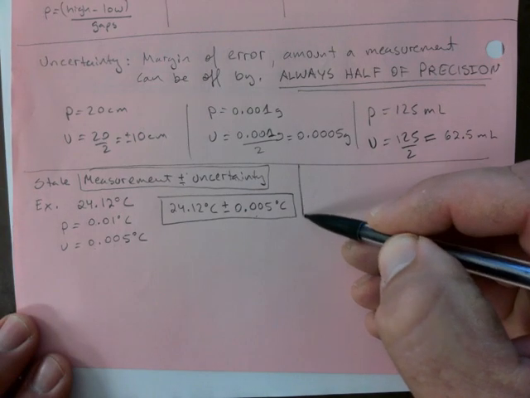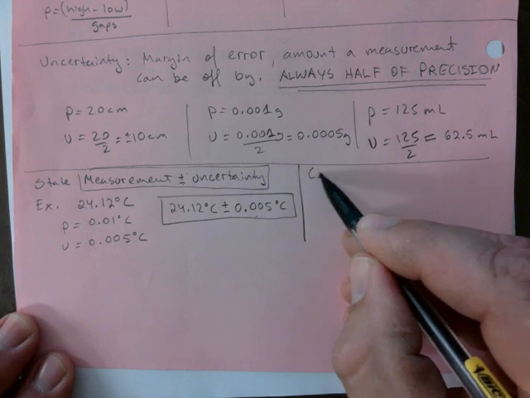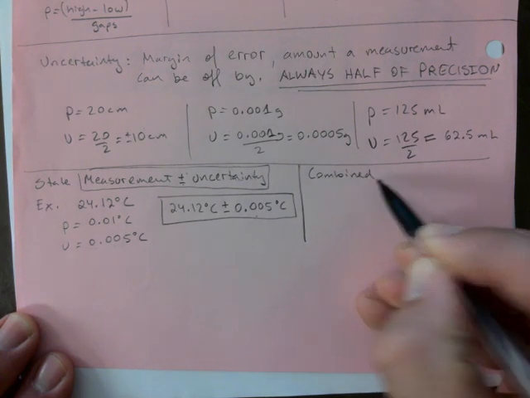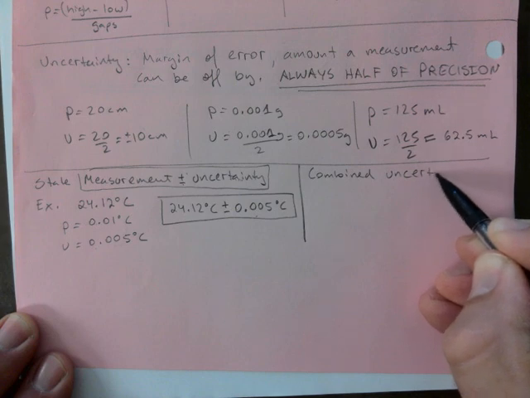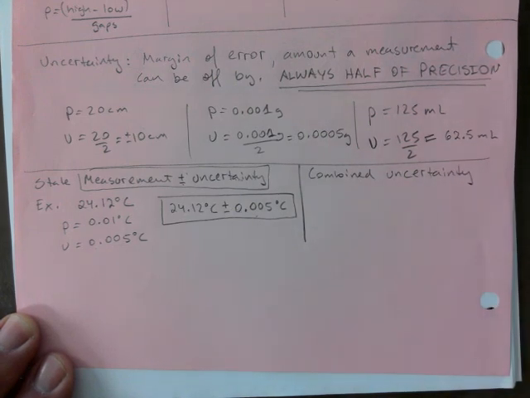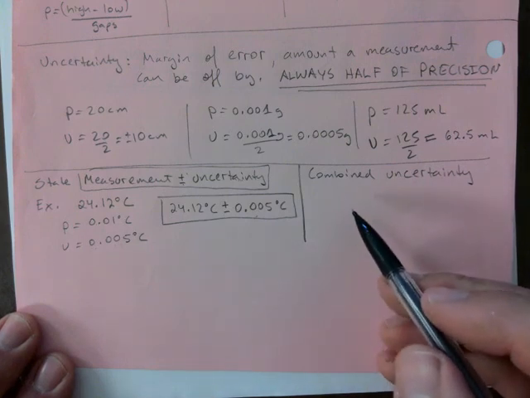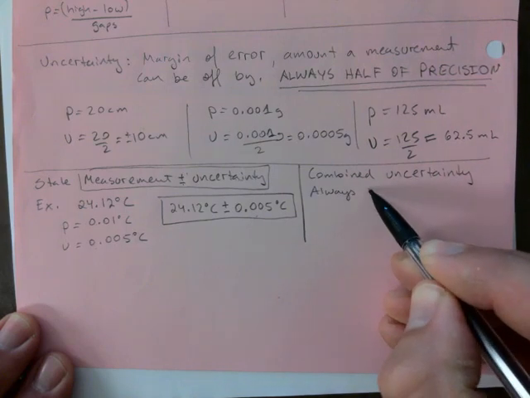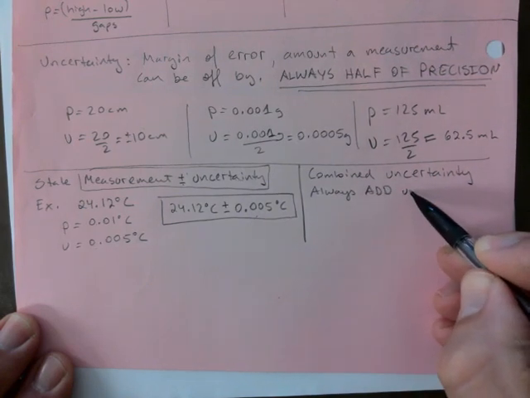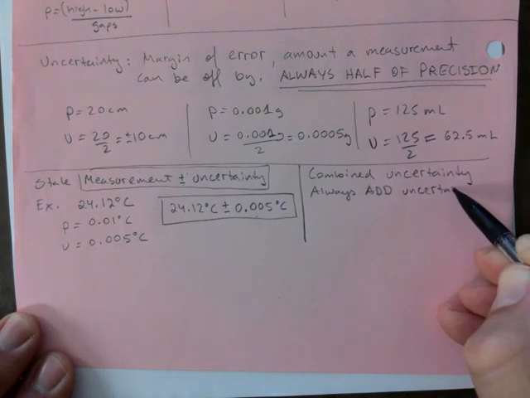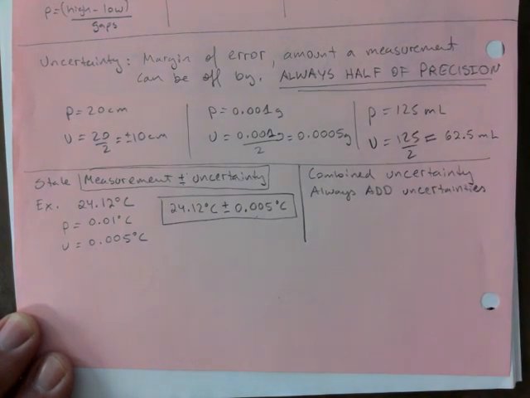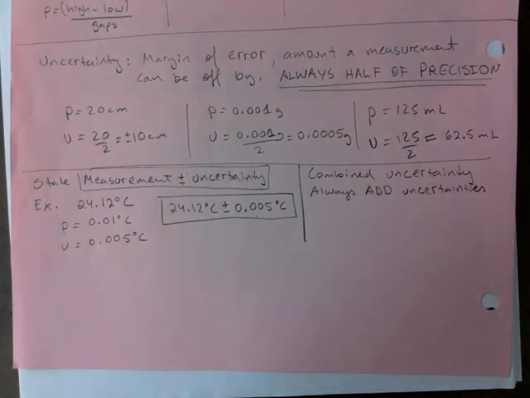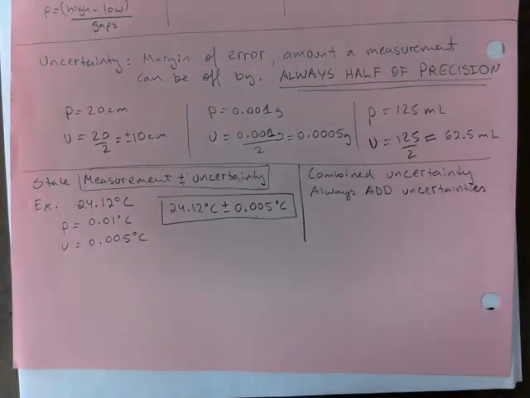One more thing here next to it, combined uncertainty. Combined uncertainty, what is that? Always add uncertainties. I will give you a page number here for this one because it's not going to fit in here. It's going to be too messy. So let me just quickly point you to the combined uncertainty section.